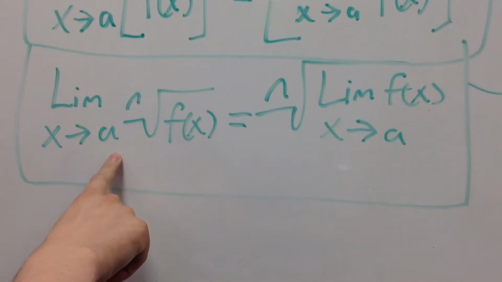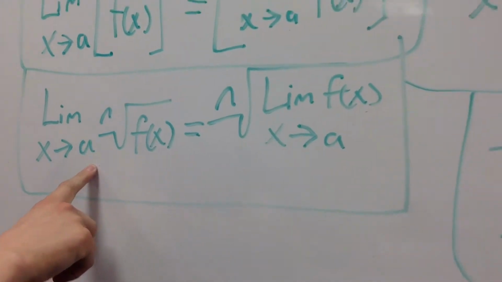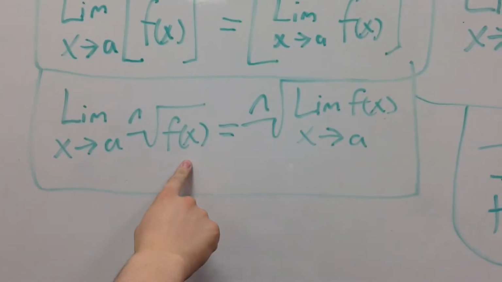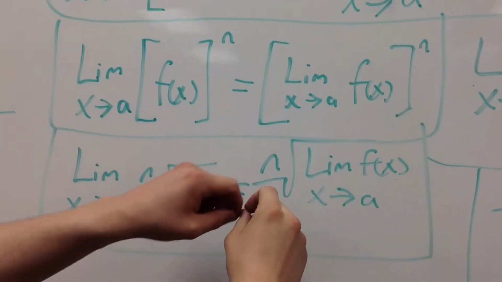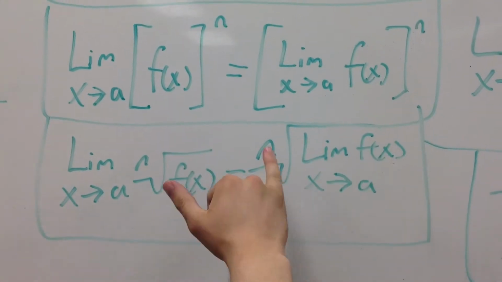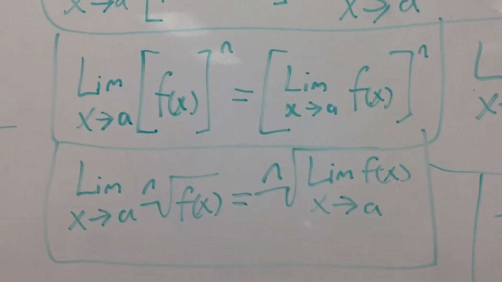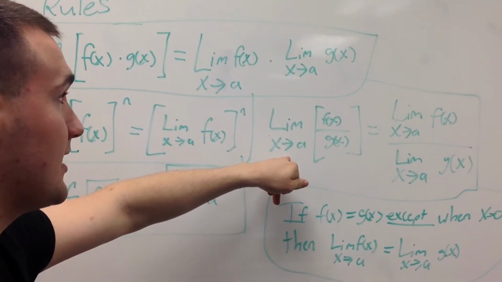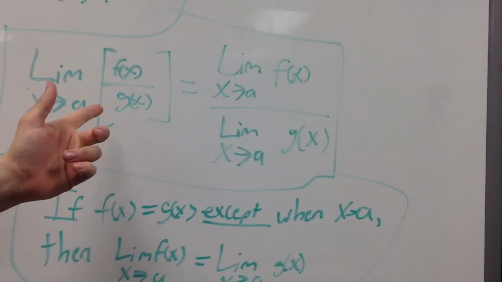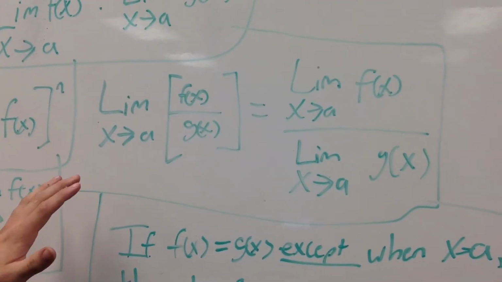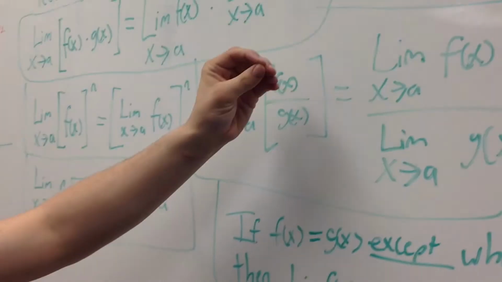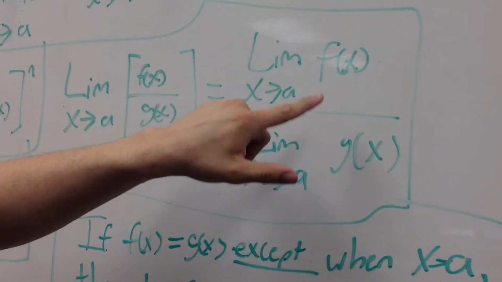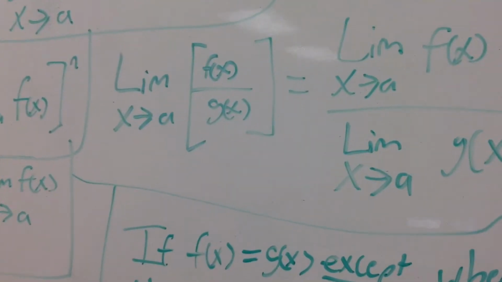Another one is if you have the limit as x approaches a of the nth root of f of x. Just like up here, you can take the root and expand it over the whole thing, keeping your nth root. Then we can come over here to the limit as x approaches a of f of x divided by g of x. Again, just like all the other basic rules, you can think of them as being separated, having your limit as x approaches a on top and bottom, both functions still exactly the same.